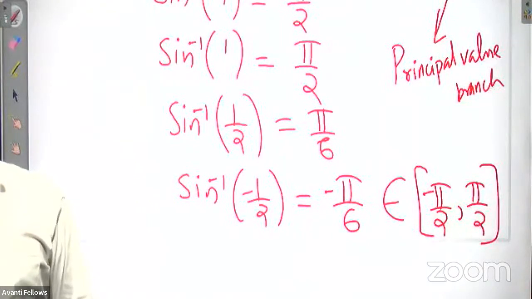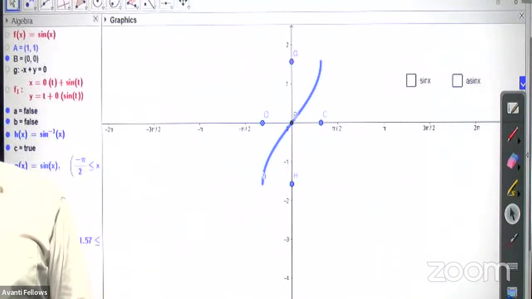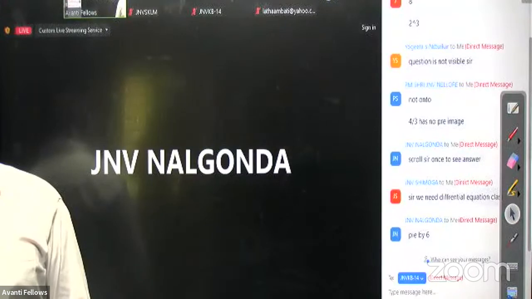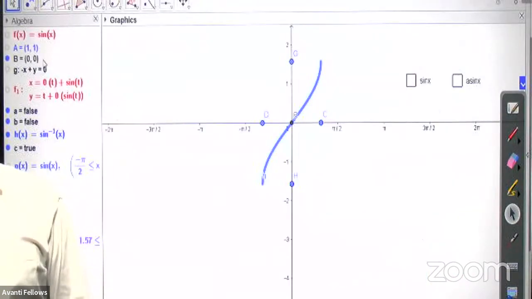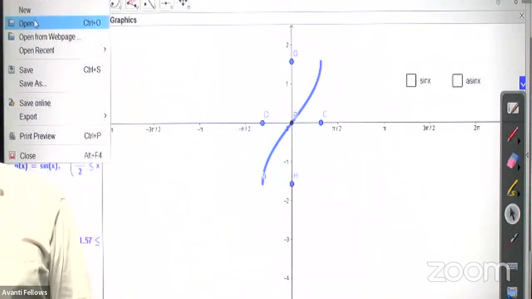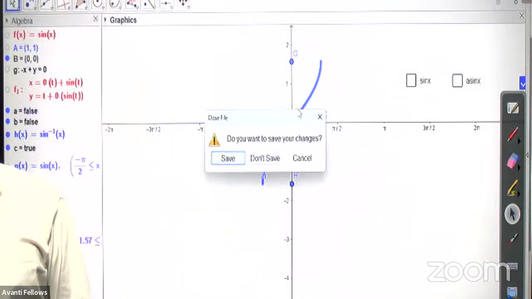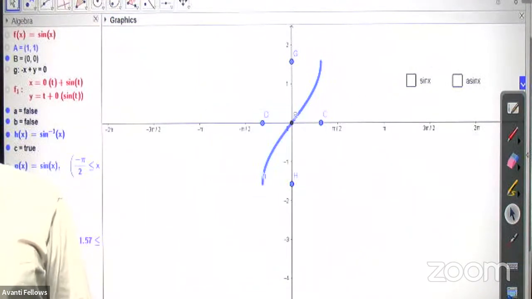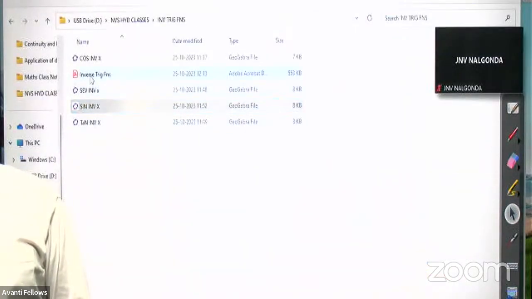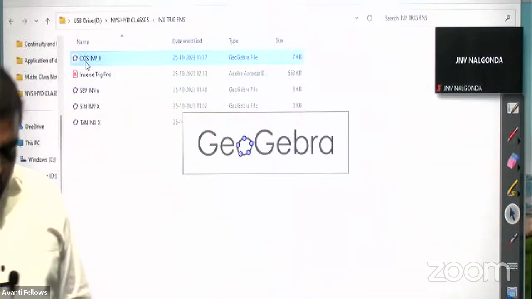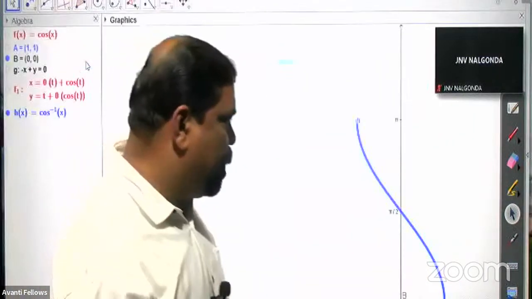Now similarly, we will go for the cos inverse function. Cos inverse function is also in a similar way.